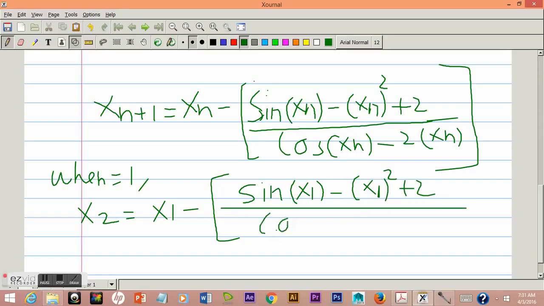So x1 is our first approximation. Let's define x1 equal to first approximation.